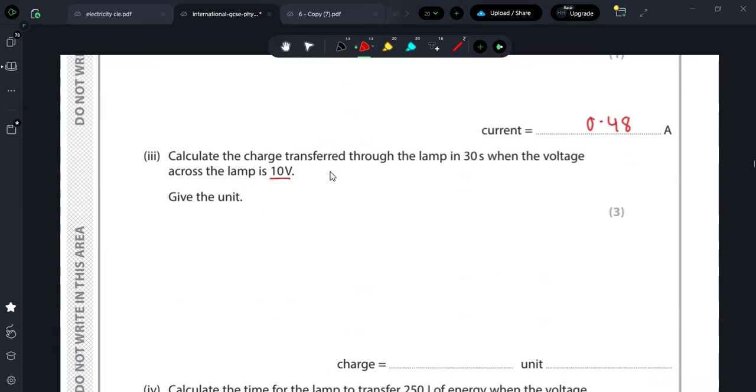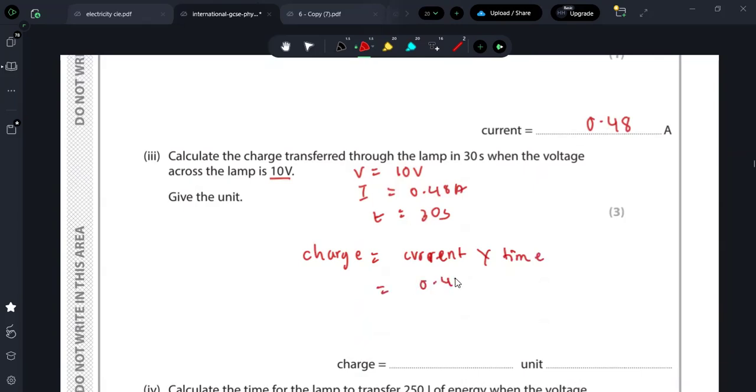Next, we have calculate the charge transferred through the lamp in 30 seconds when the voltage across the lamp is 10 volt. So I have voltage, which is 10 volt. I have current, which I just found, 0.48 ampere. And I have time, which is 30 seconds. And I'm supposed to calculate the charge transferred through the lamp. Can I use the formula charge equals current into time?